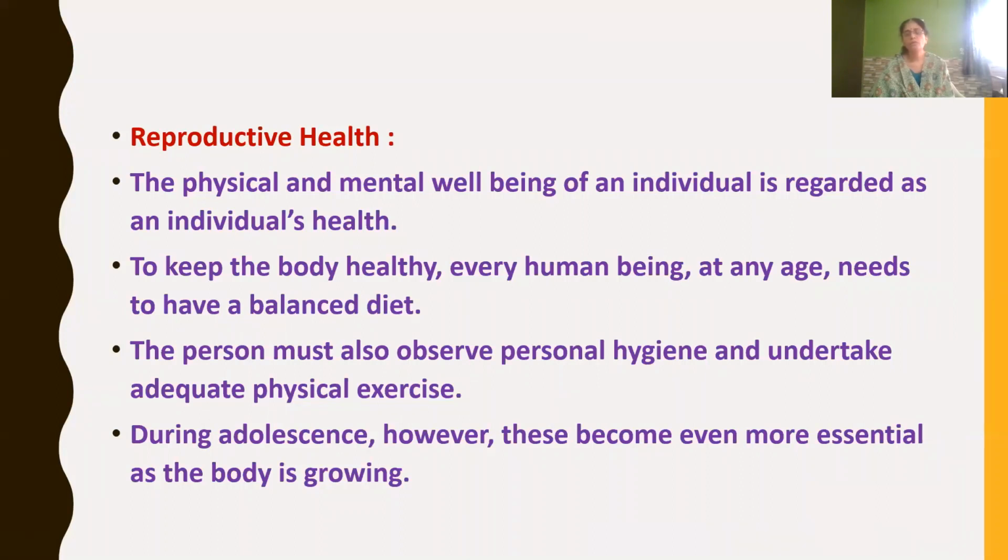A diet which includes all the constituents of food, such as carbohydrates, proteins, fats, vitamins, and minerals in adequate quantity is called a balanced diet. Also, the person must maintain personal hygiene and undertake adequate physical exercise. During adolescence these factors are very essential because the body is growing.